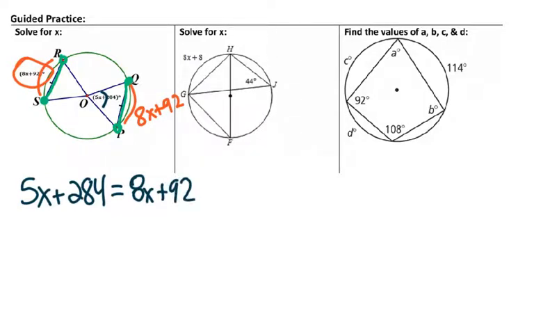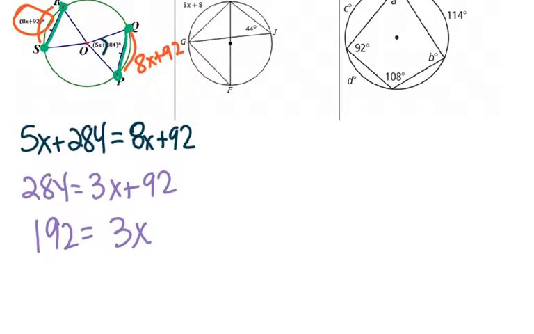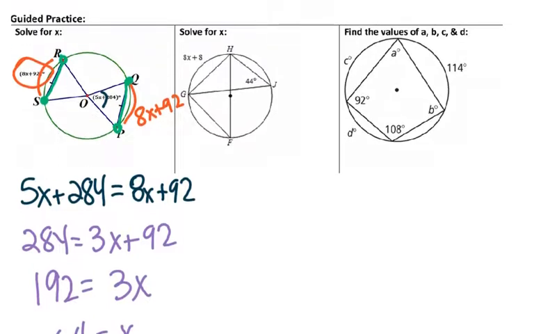So I can solve that. I'm going to subtract 5x from both sides, and then I'm going to subtract 92 from both sides. And then I will divide both sides by 3. And so that tells me that x is equal to 64.